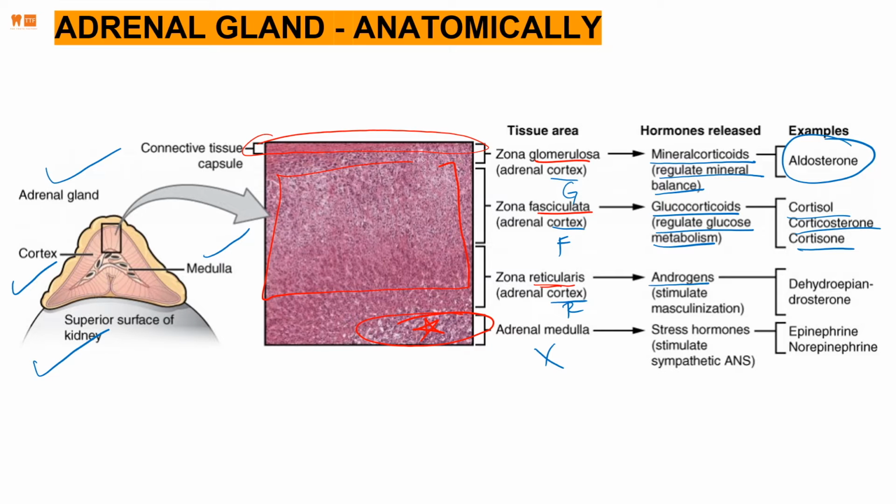Lastly, reticularis is androgen stimulates masculinization, and in this entire word, what we want is the sterone, because there's so many types, right? There's testosterone, for example. Lastly, medulla, something we're not going to worry about, is basically going to release stress hormones for the nervous system, CNS, ANS, and we're talking about epinephrine and norepinephrine.